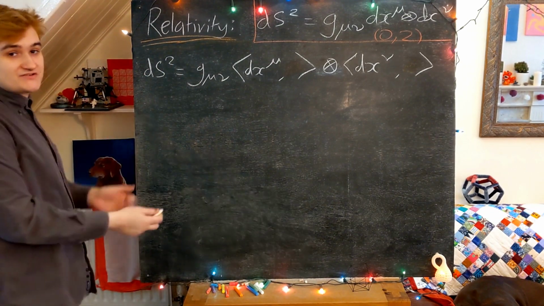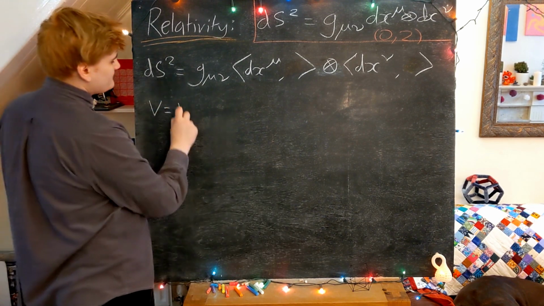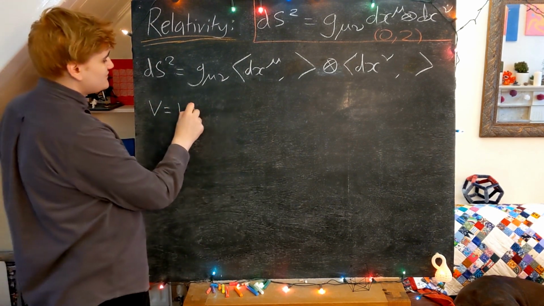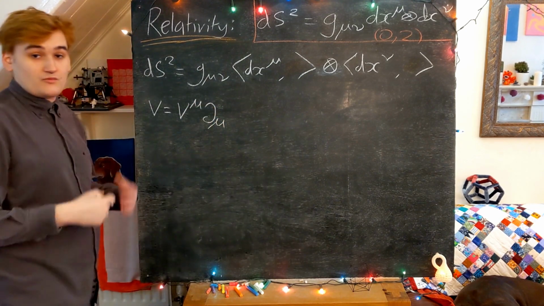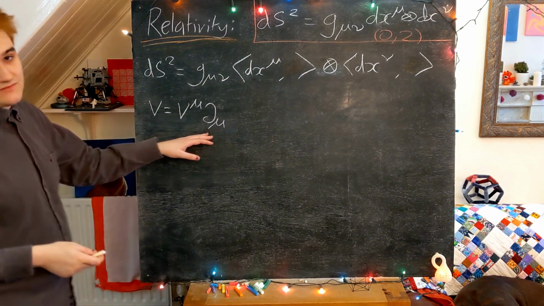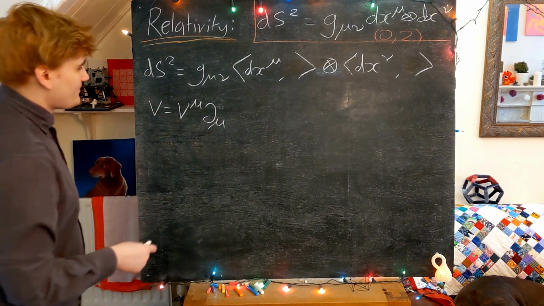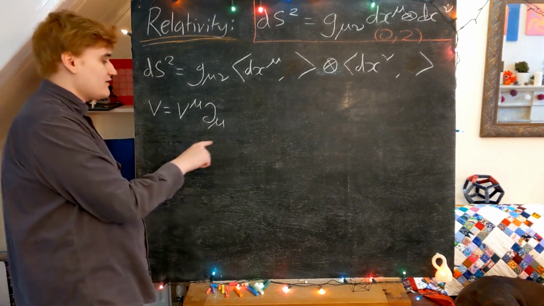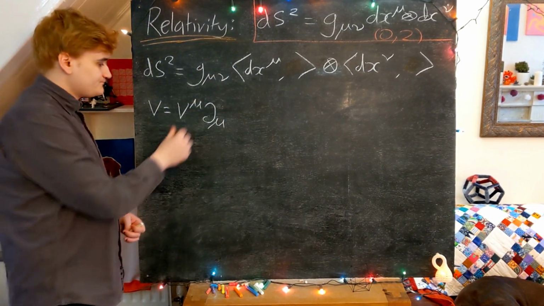If I introduce a vector, which I'm going to call v, it's going to be expressed in terms of its components and then the coordinate basis. Hopefully you're familiar with how this is defined from the previous videos. But now let's plug this vector into our metric and see what happens.